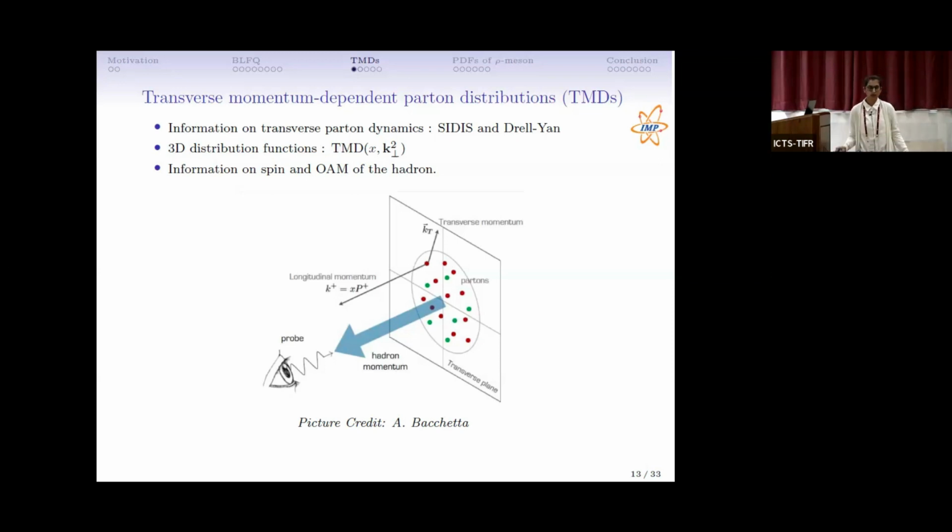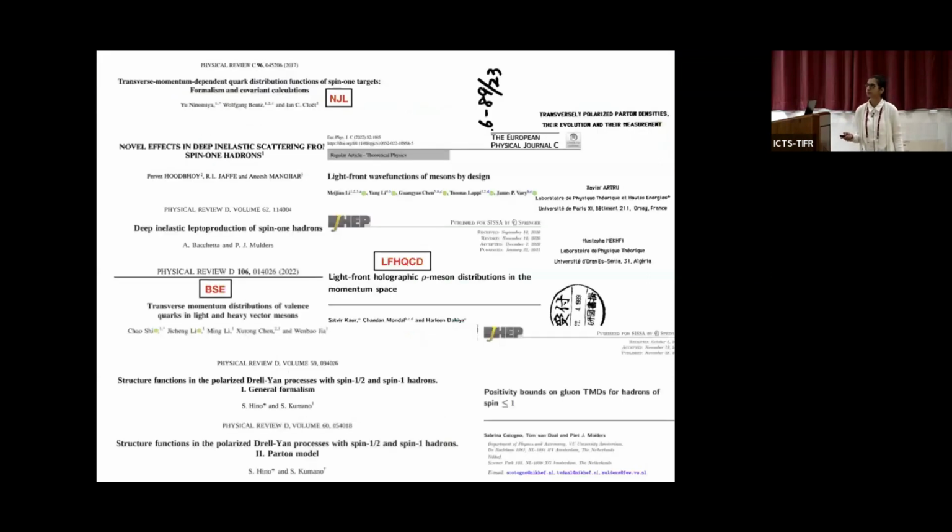They also provide information about spin and orbital angular momentum. These are some of the available publications for the spin-1 system, where a few models have studied the spin-1 system in momentum space, and there are some formalisms available.